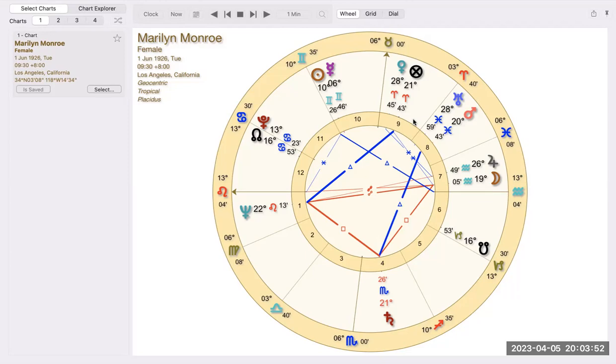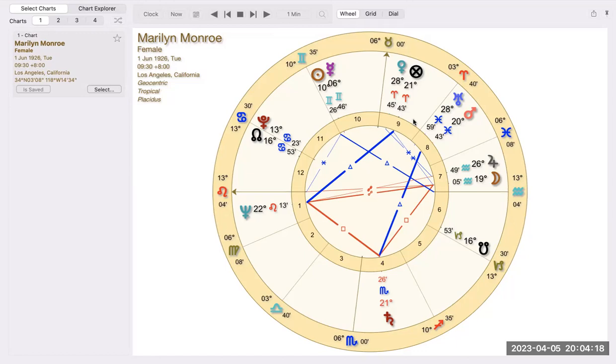So then the 10th house is her mom and her public profile. Her status, yes. We've got the sun there. Oh, yeah, the sun, and that's in Taurus, which is ruled by Venus. No, it's Gemini.